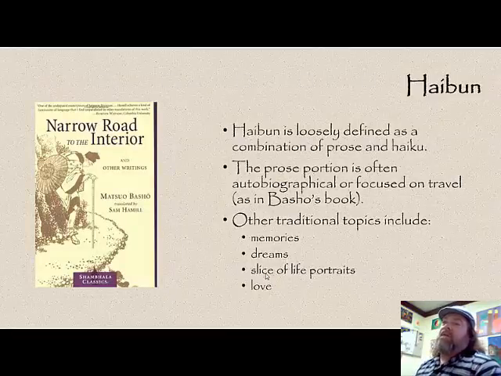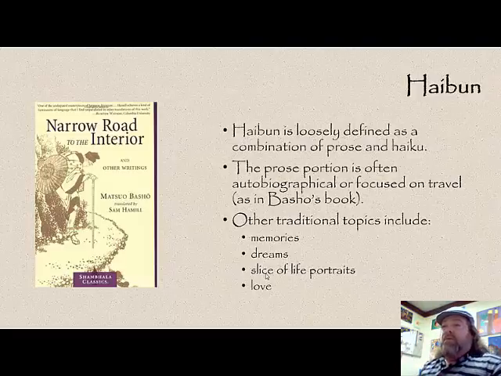The haibun is a form of writing which combines both prose and haiku. Usually there is one or two short paragraphs that are kind of like a prose poem or a narrative of some sort, and that would be followed by a short haiku on the same theme or the same topic.